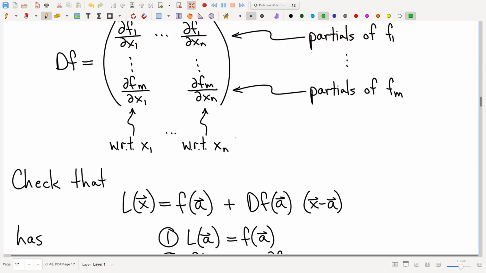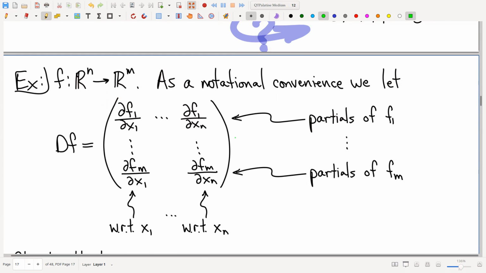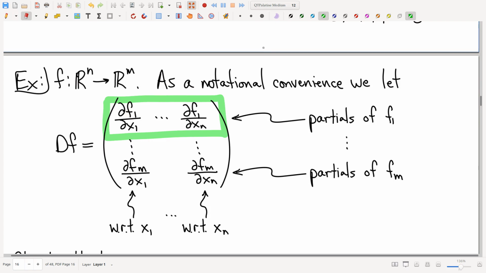So let's come back up here. I initially called this just all of the partials of f1. If you think about it, f1, the coordinate function, is a real valued function. These are all of the partials of that real valued function.